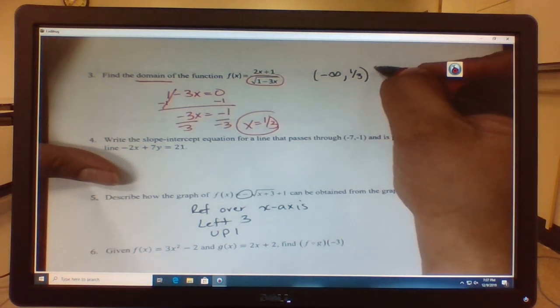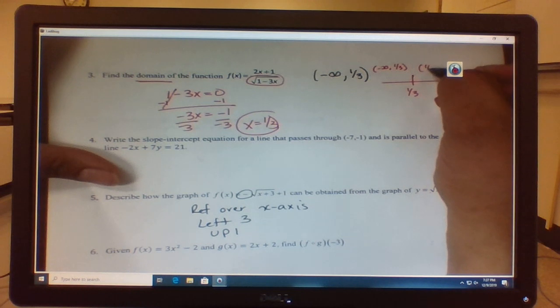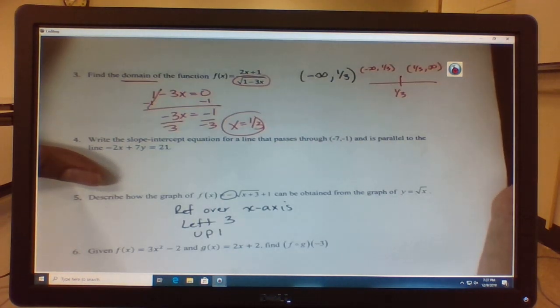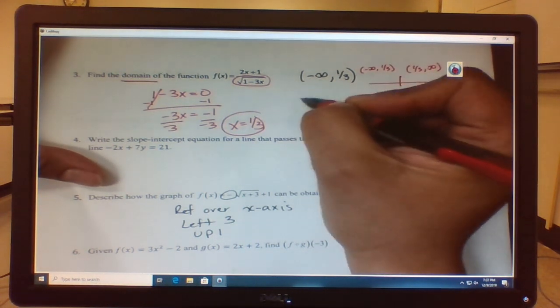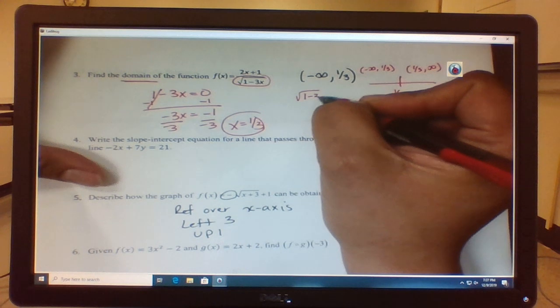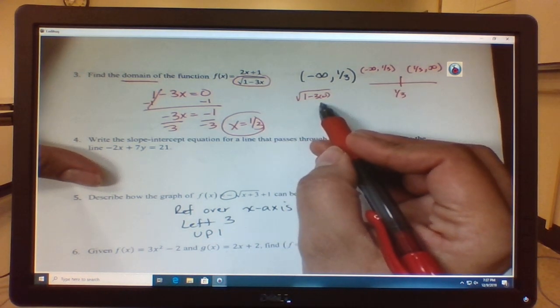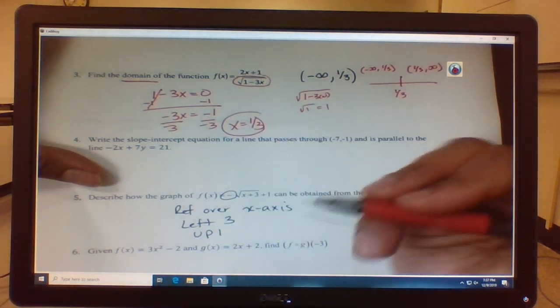So my answer could be negative infinity to 1/3, or 1/3 to positive infinity. But the question is, which one is it? So you would take a number between here, which I would take a 0. And I would do the square root of 1 minus 3 times 0. And what is this? 1. And the square root of 1 is 1. So we're okay.